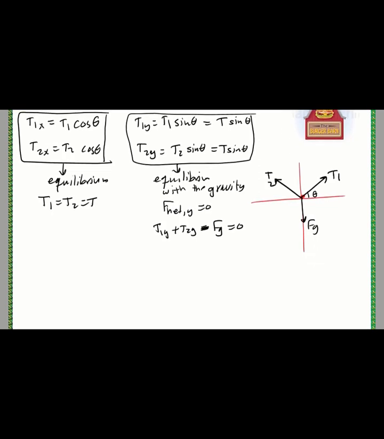Again, as discussed before, 2T sine theta equals Fg. So T equals Fg over 2 sine theta. Fg is m times g, over 2 sine theta.